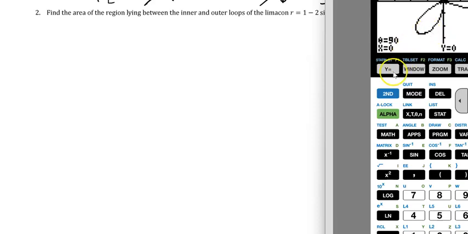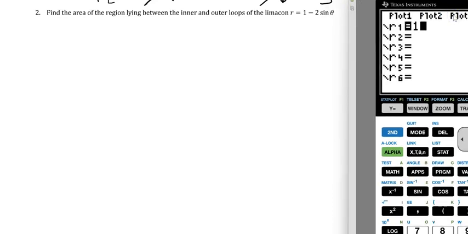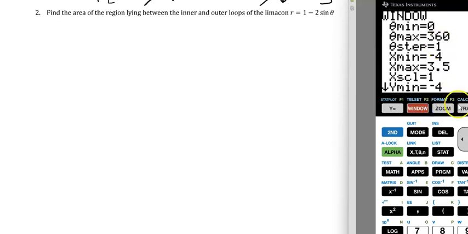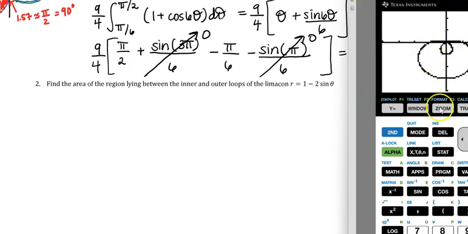But let's get a better idea of what this polar graph looks like by graphing it. I'm already in polar mode. I'm going to graph 1 minus 2 sine theta. I did not change my window or anything from the previous example. Conveniently, that worked out for me. I'm going to hit trace.